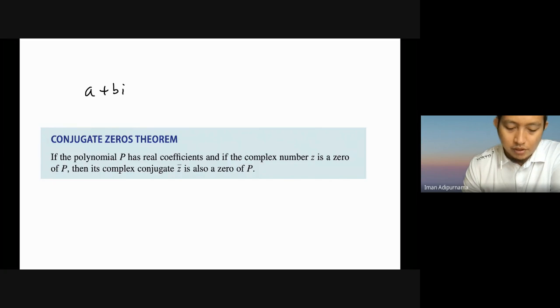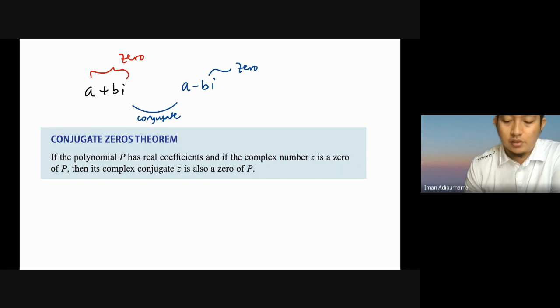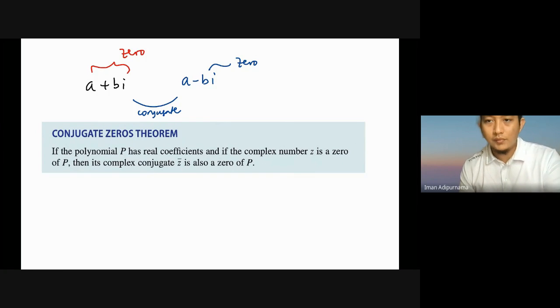If a plus bi is a complex zero, then there will be a minus bi, which is the conjugate. This should also be a zero. This is just saying that there will be a conjugate that is also a zero of p. There are some equations to prove it, but I think you don't really need that.